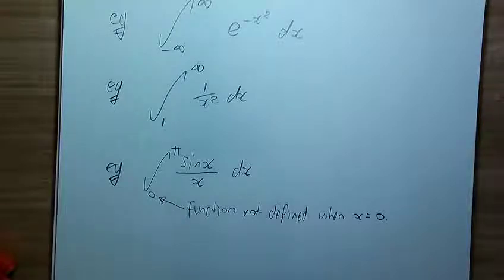Something like that. So ones with infinity in them are obvious because infinity is not even a number. But sometimes an improper integral is one where there is a proper number there, but the function doesn't exist there. Okay, that's what improper integrals are.